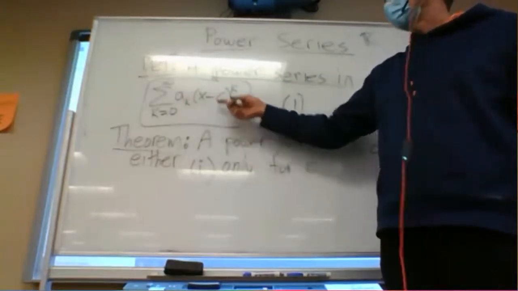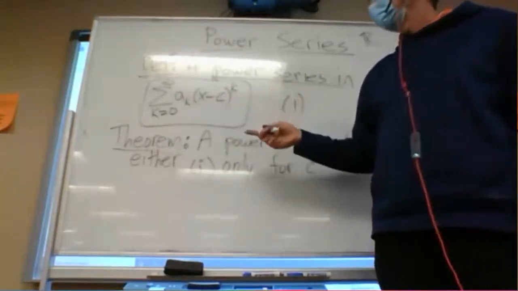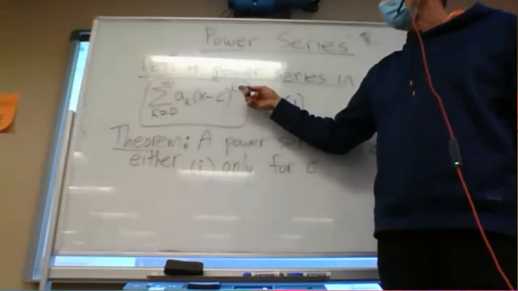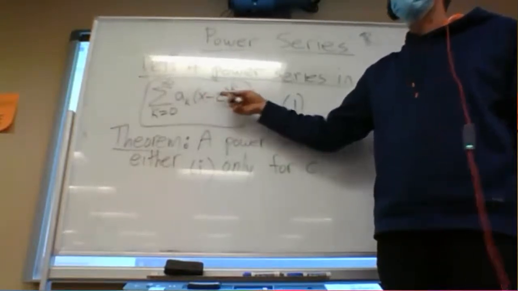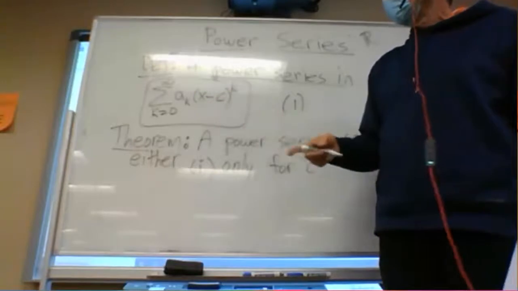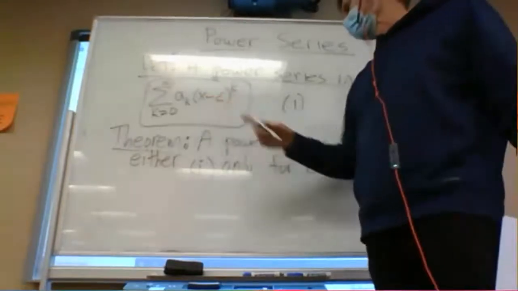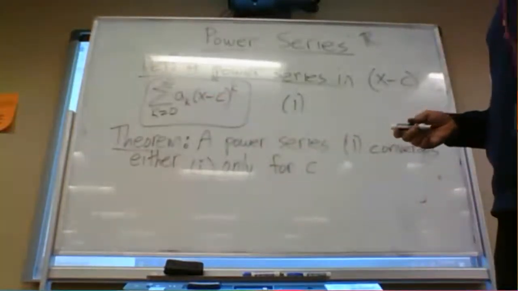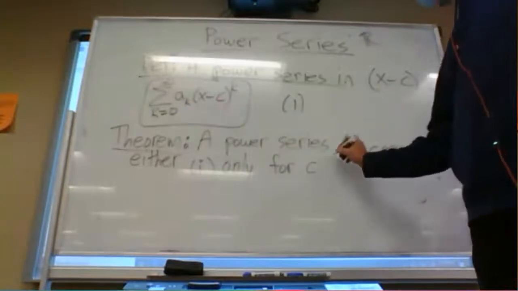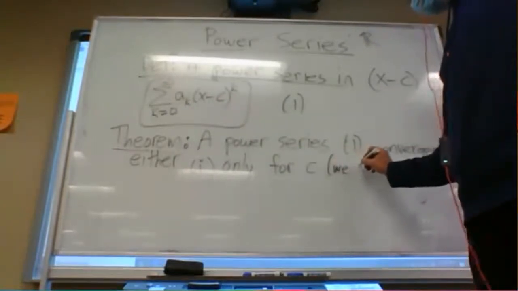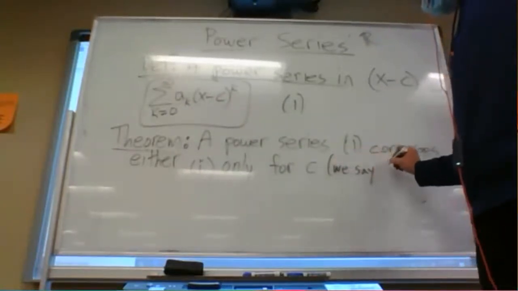And so you just get the one term, a_0 times 1. It's just a one-term series, and of course it converges. All the rest of them aren't even there, right? Because (c minus c) to the first power is 0, to the second power is 0, right? It's just 0. But the first term, a_0, remains. So it converges and just gives you the first term if x equals c.